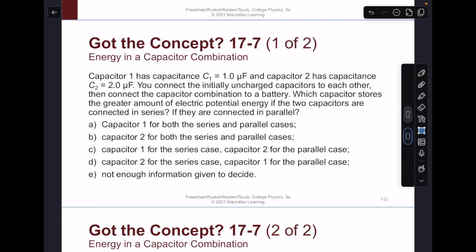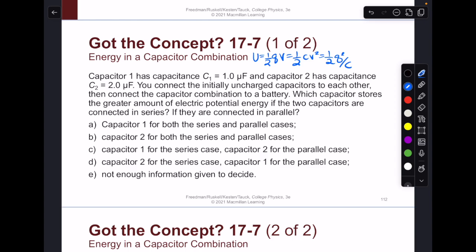So we're going to need to recall the potential energy equations, right? And we might need them all. Q squared over C.